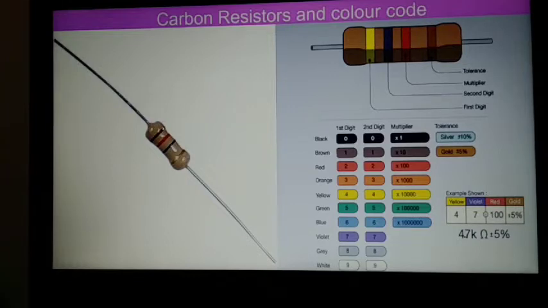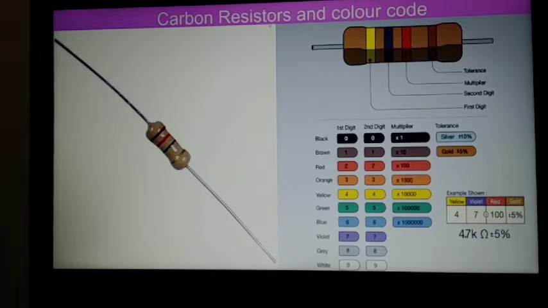Nowadays these kinds of resistors are used in electrical circuits, and carbon resistors have different resistance values, which are given by the different colored rings.